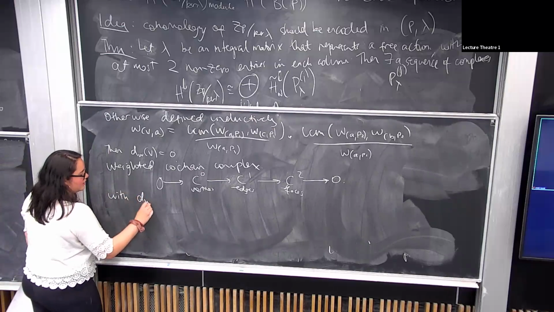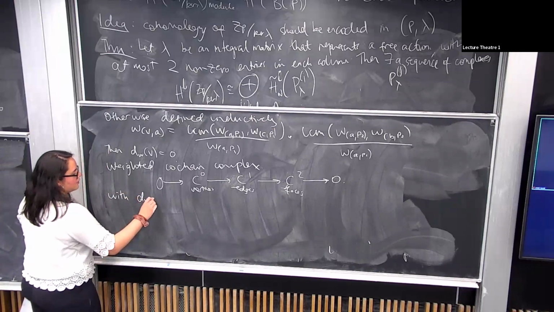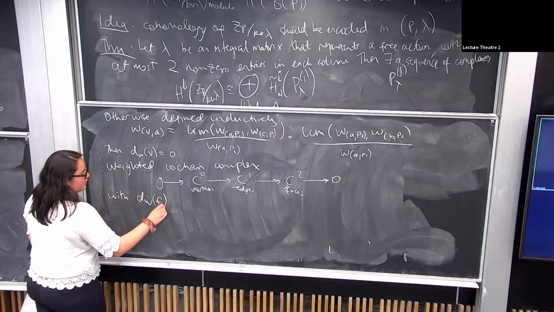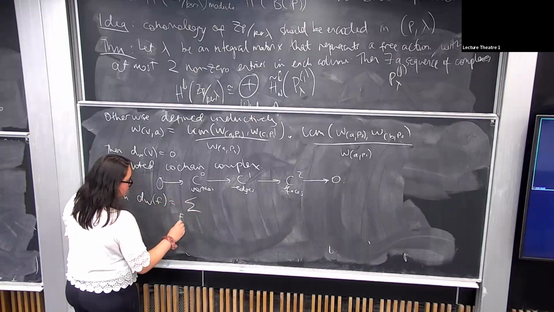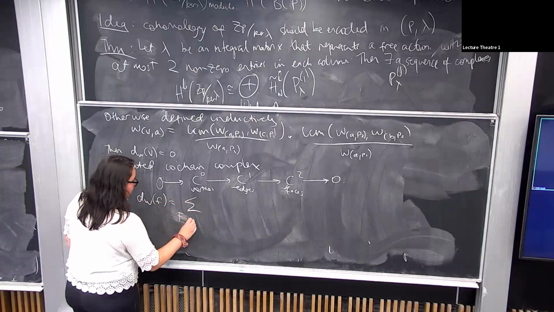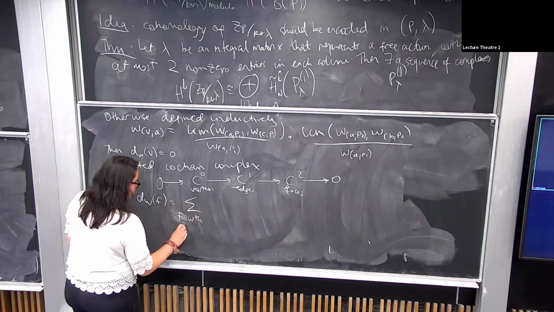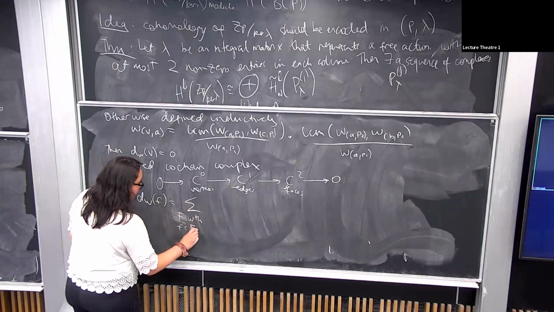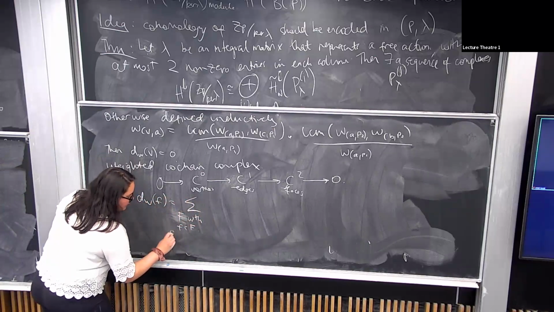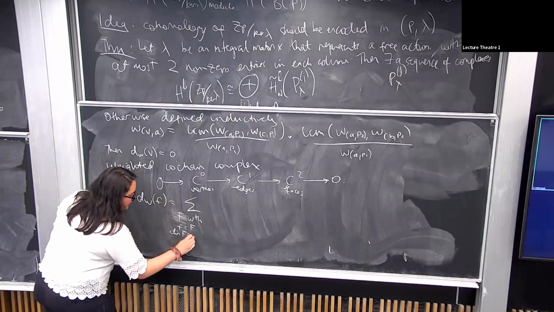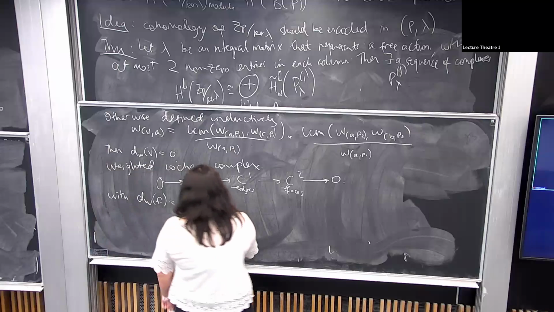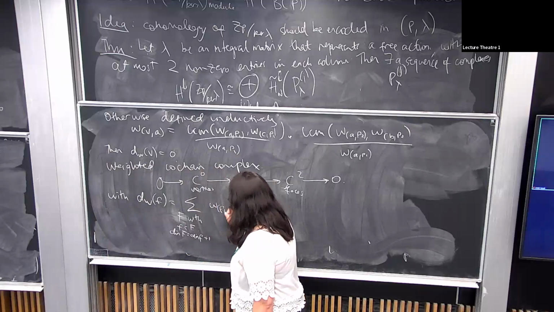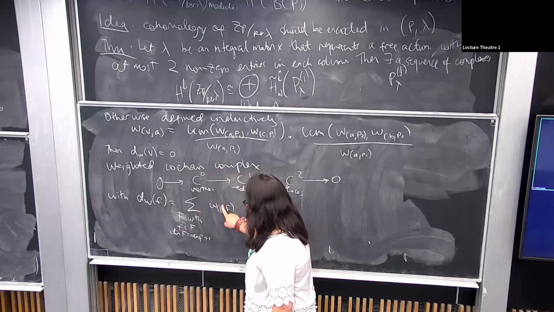So with dw of a face f is equal to the sum over all larger faces, say F, with f inside capital F, and the dimension of F is equal to the dimension of f plus 1. Then we take our weight of f with the capital F.